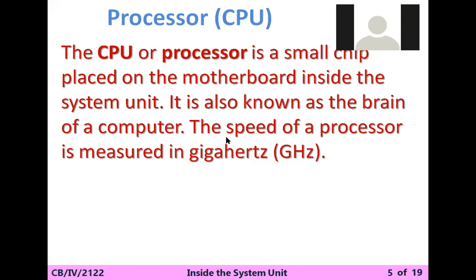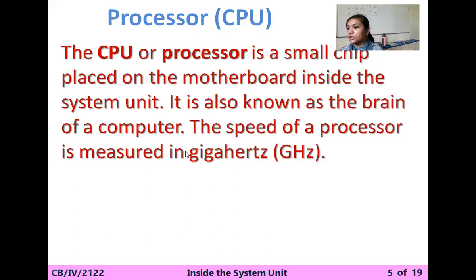Like that, the speed of the processor is measured in gigahertz. जैसे मीटर, सेंटीमीटर, किलोमीटर, ग्राम, किलोग्राम यूनिट्स आते थे, वैसे ही स्पीड ऑफ प्रोसेसर मेजर करने के लिए यूनिट आता है गीगाहर्ट्ज. In the exam, it will be asked in the MCQs also many times. बहुत बार ये वाला क्वेश्चन आपको पूछा गया है.